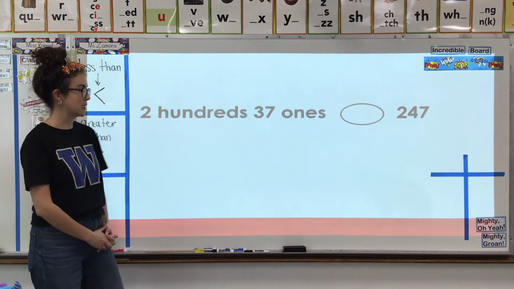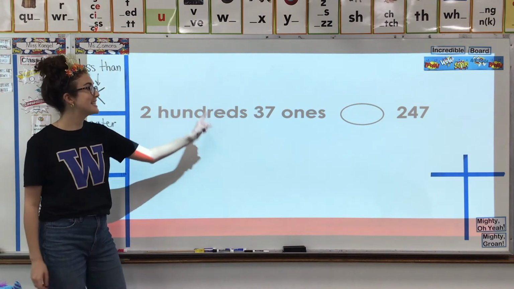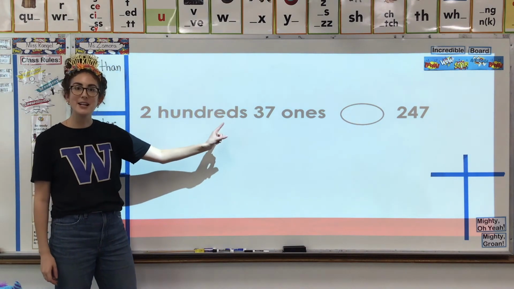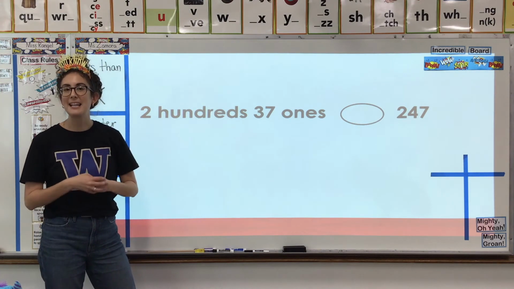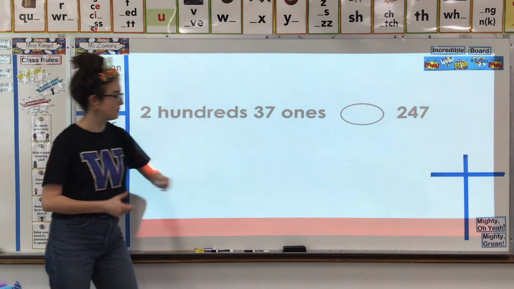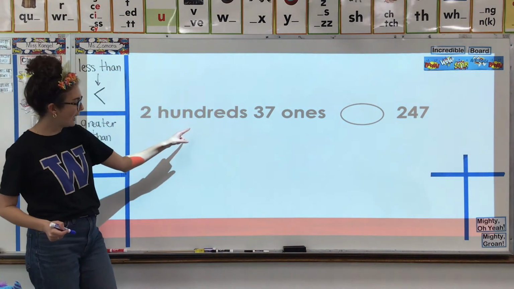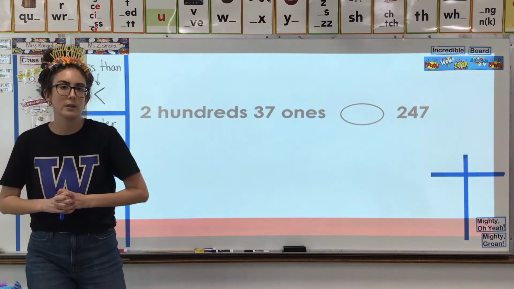What do we need to do first? We need to change 200s, 37 ones into standard form. We need to find its total value. So let's go ahead and do that. So let's see. Do our hundreds or our ones need to be bundled?